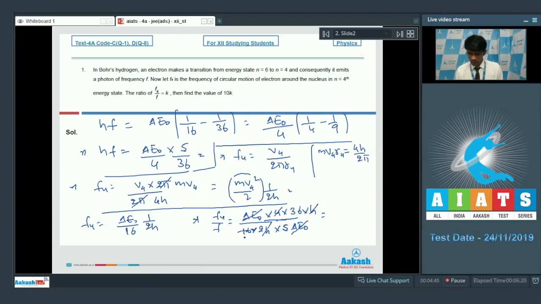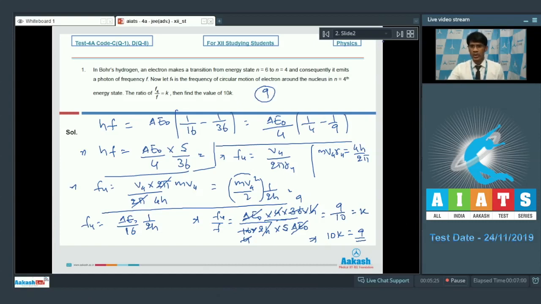Here I will have 4 and this one is 9. So I am getting 9 divided by 10. This is the value of k. So on multiplying this value with 10, I get the answer 10k is equal to 9. That's the answer for question number 1. So 9 is the final answer.